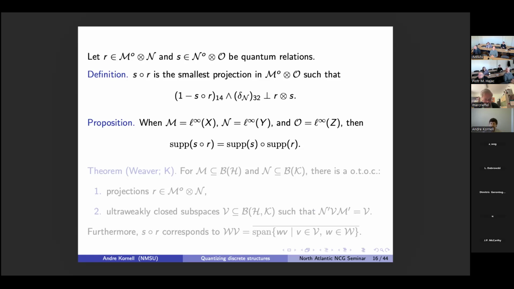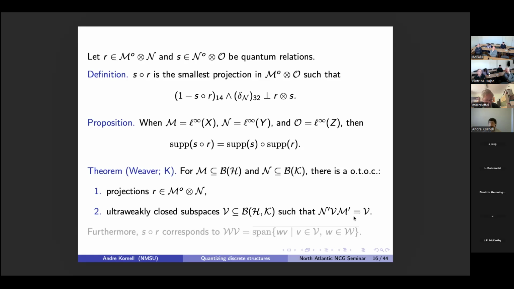And here, before I move on, I should emphasize the connection of this definition to a definition that you have likely seen before. So for M represented on H and N represented on K, we have a one-to-one correspondence between projections R in M-op tensor N and ultra-weakly closed subspaces V of B from H to K that satisfy this familiar bimodule condition for the commutants.